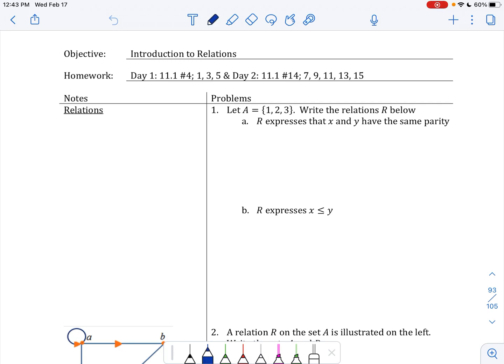Now, a relation, which is often just going to be represented with a capital letter because it is a set.